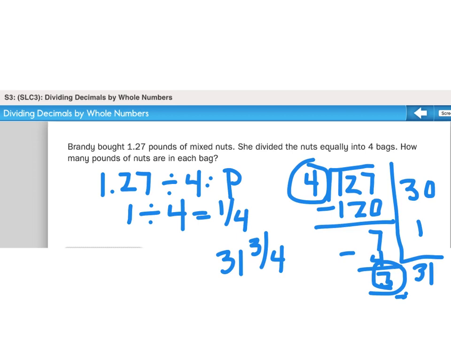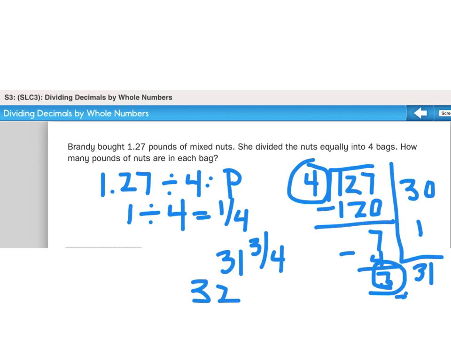Now, we know that the answer is going to be somewhere between 31 and 32, correct? Because 31 and 3/4 would fall in between those two whole numbers. So we could say that our answer, 3/4, is closer to 1 than 0. So we could say that our answer is going to be pretty close to 32, right?